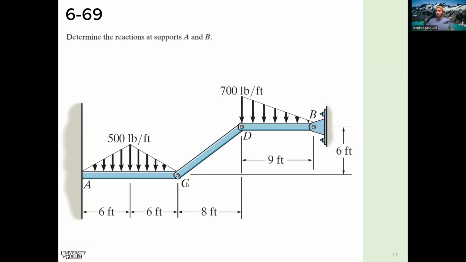Hopefully you're noticing that this member CD is a thin member with only pin reactions at either end, which means that we can treat CD as a two-force member. That means that the force at C and the force at D both have to be in line with this member. So we don't have to actually draw this as one of our bodies.